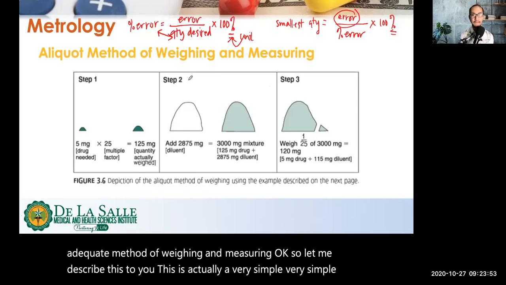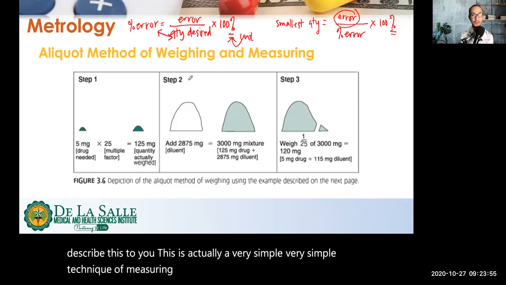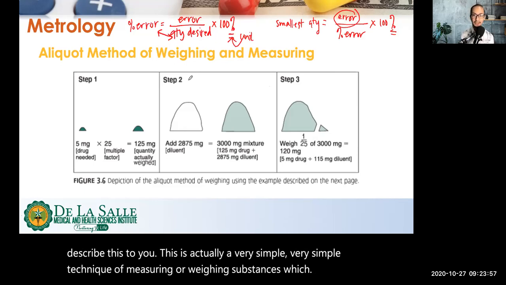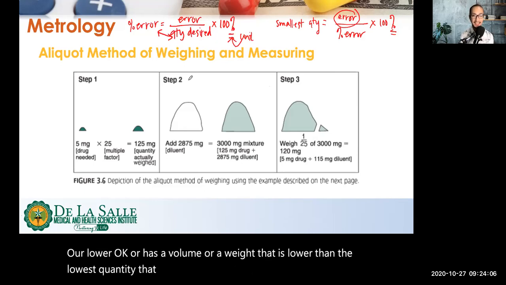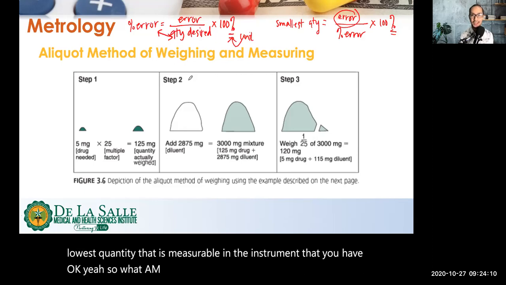of measuring or weighing substances which have a volume or a weight that is lower than the lowest quantity that is measurable in the instrument that you have. So what am I talking about? Basically it's this.